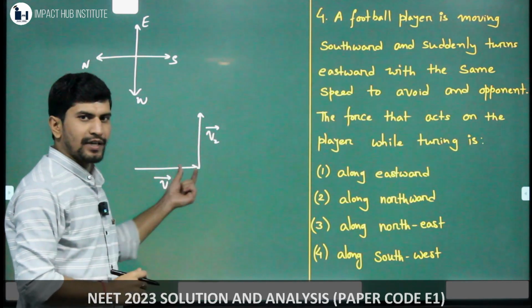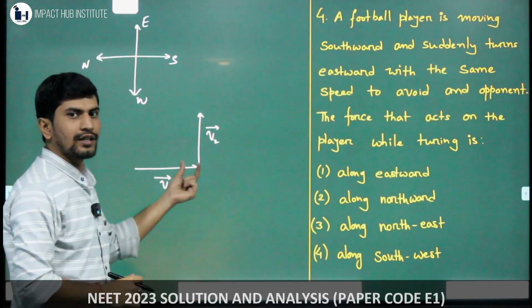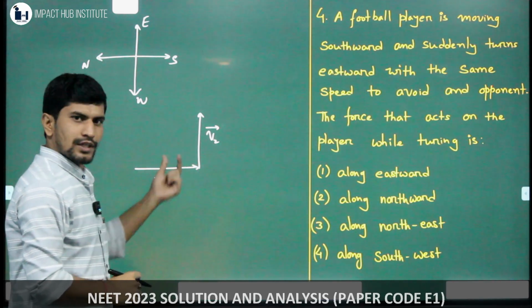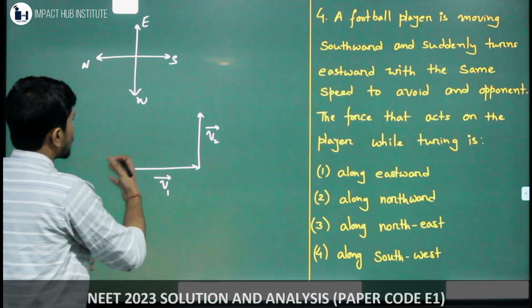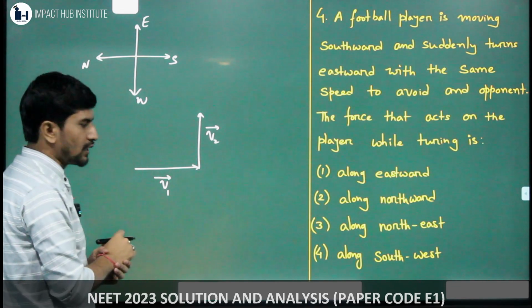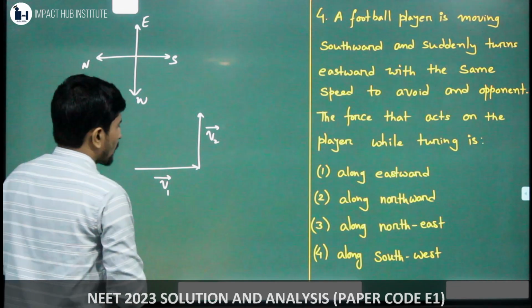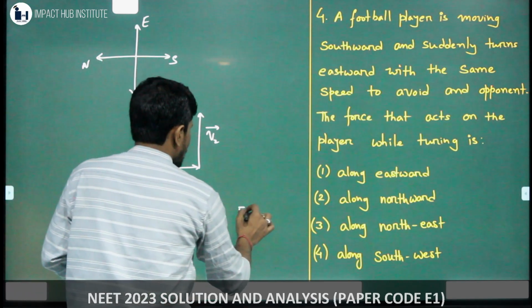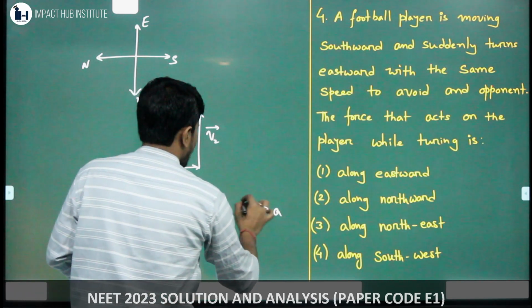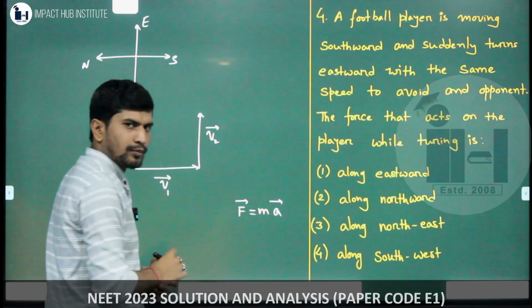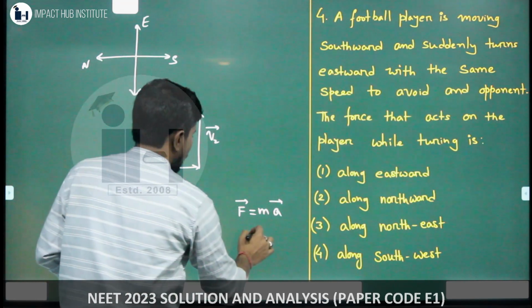The speed will remain the same but the directions are different. This is why the velocities are different. Now how do we identify the direction of force? Well, we know that force is equal to m multiplied by a. So the direction of force will be determined by the direction of acceleration.